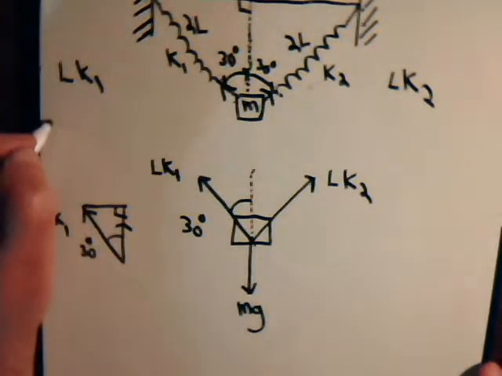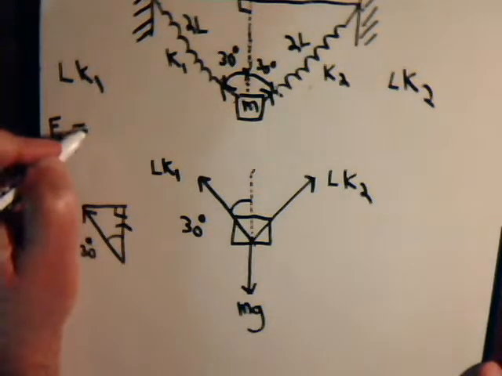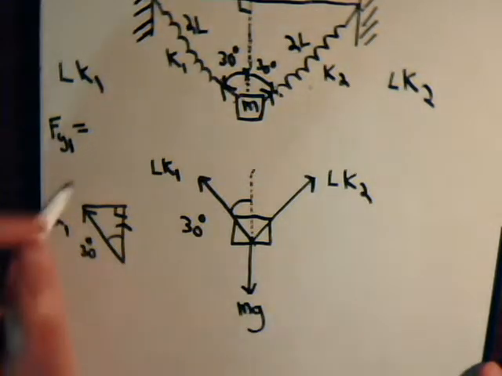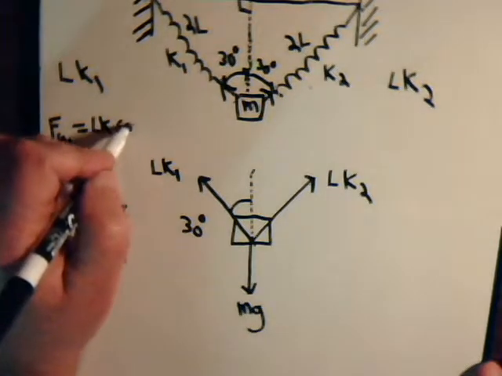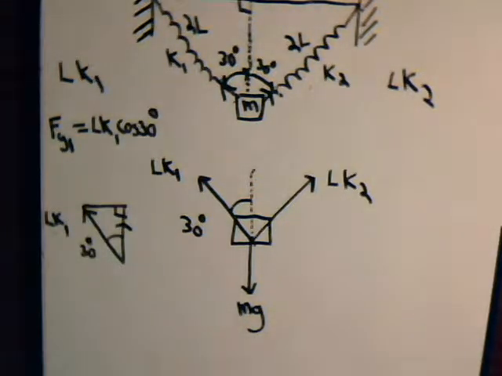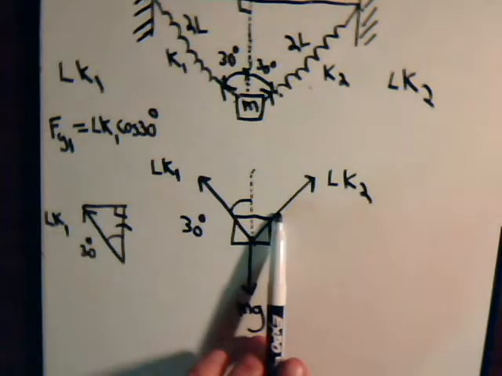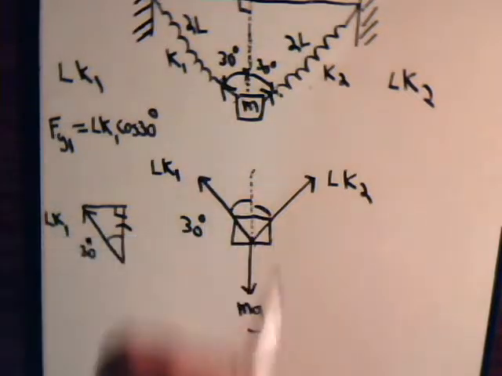So we could say that Fy1, one of the forces acting upward, is LK1 multiplied by the cosine of 30 degrees. And over here, it looks like this is going to be a similar deal, because this angle here is also 30 degrees.